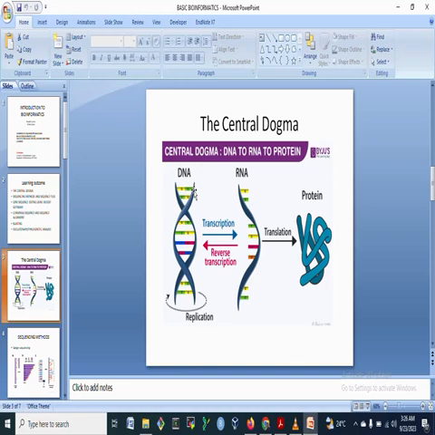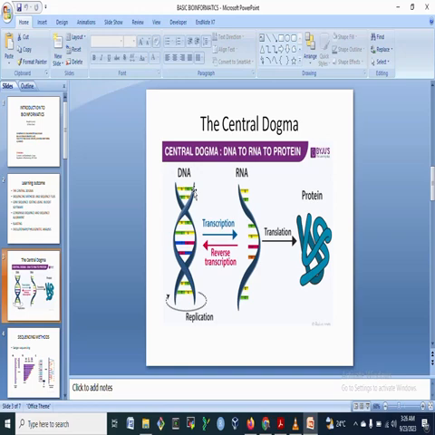The nucleic acids, first of all, every nucleic acid is built upon a nucleotide. Each nucleotide has three parts: the base, the sugar molecule, and the phosphate group. You should know the bases, the purines and the pyrimidines, and the ribose sugar and the deoxyribose, and the phosphate groups.